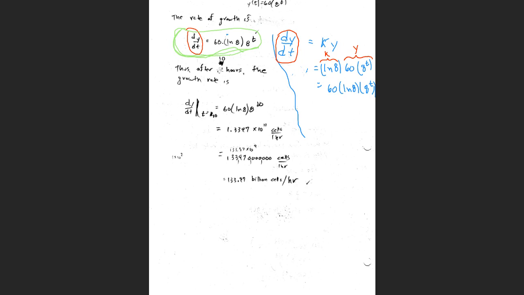So I know now my rate of growth. And after 10 hours, what I have to do is substitute in 10 for the t here. And so dy/dt evaluated when t equals 10, this is notation you should have seen in Calculus 1, is just going to be equal to 60 times the natural log of 8 times 8 to the 10th power.